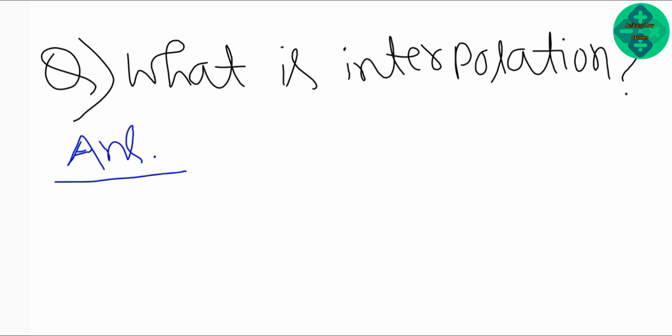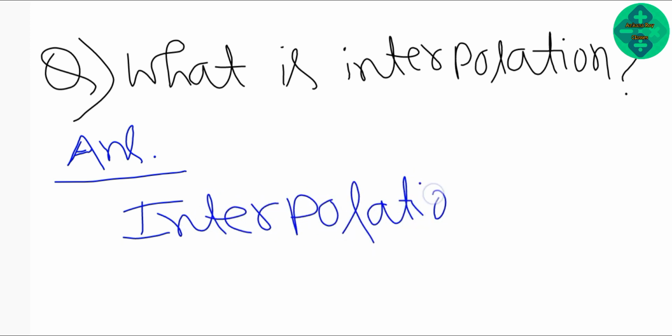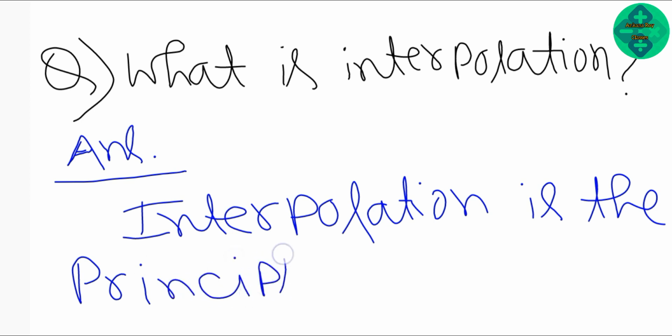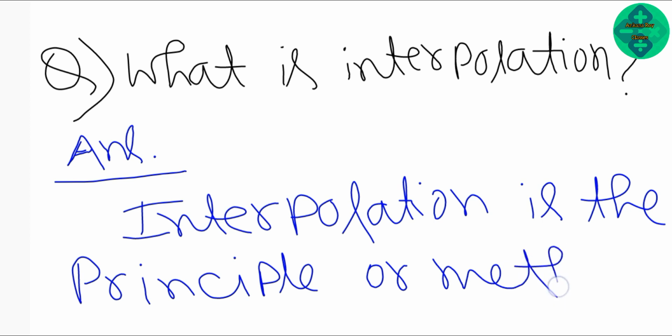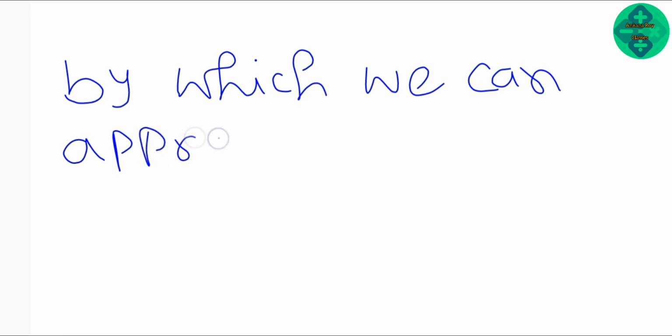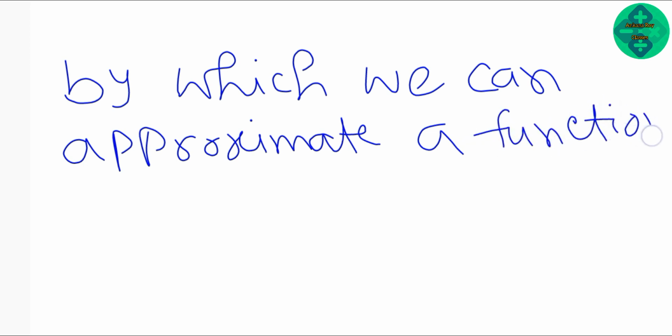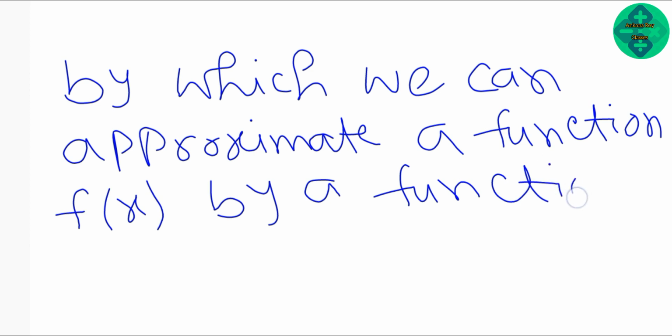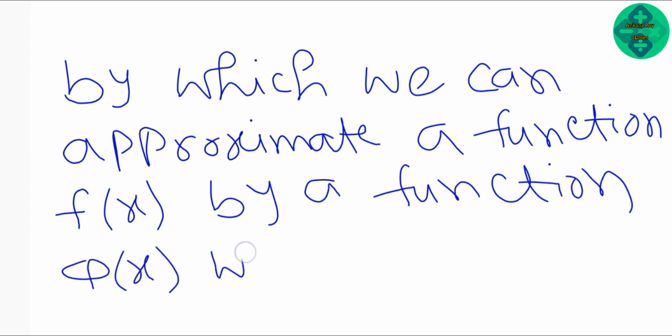Now, the definition of interpolation is: interpolation is the principle or method by which we can approximate a function f(x) by a function phi(x) which is known.